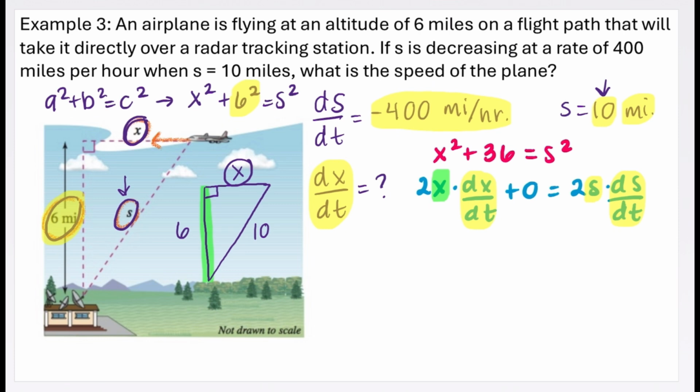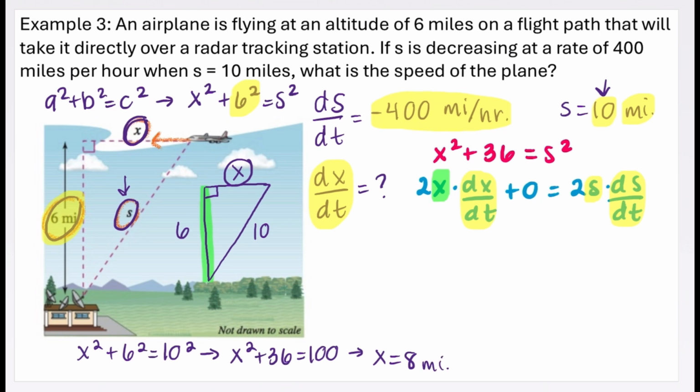So I have x squared plus 6 squared equals 10 squared. So I have x squared plus 36 equals 100. If I take away 36 from 100, I'm going to get 64, which means x is going to be 8.